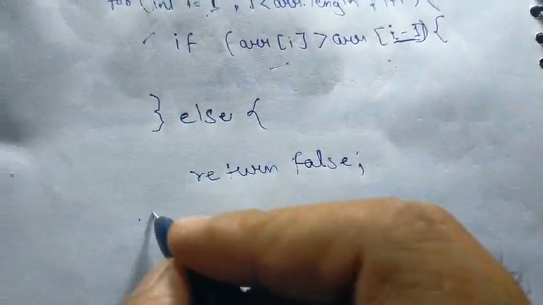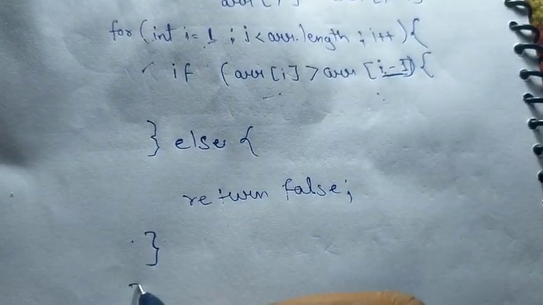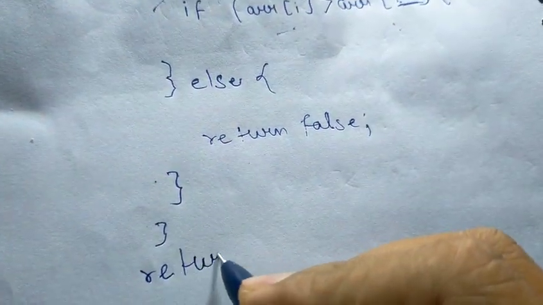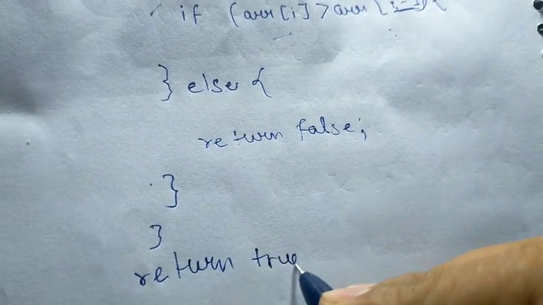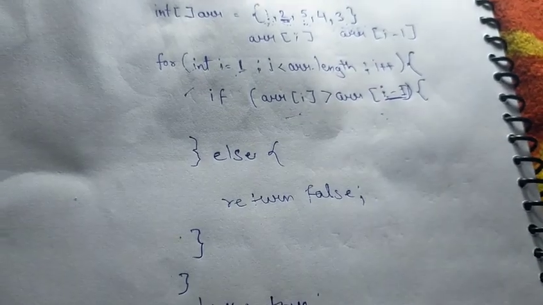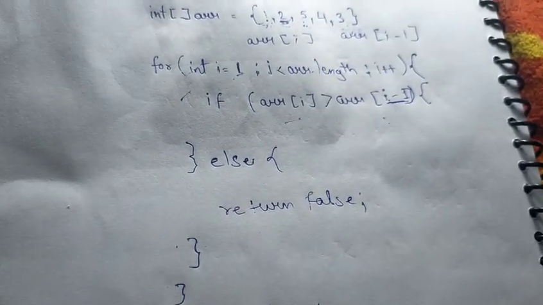After that we close the loop, we close the if condition, and at last we return true. This is the easiest way to check whether an array is sorted or not.